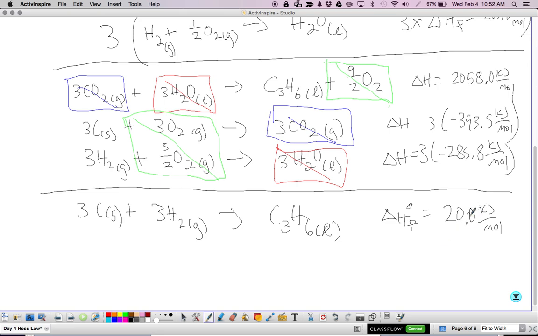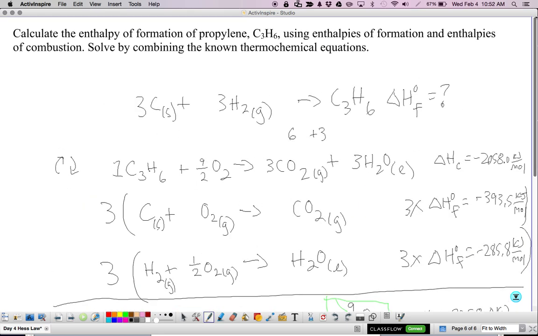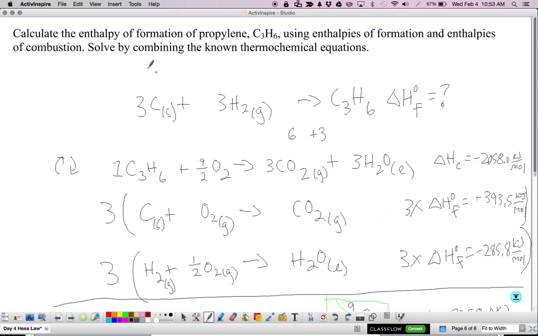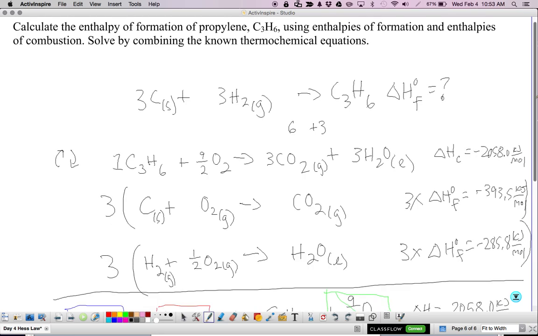This is what I'm looking for, and here's my answer. So this is a lot of work to get to an answer like this, and this is going to be kind of the hardest type of problem that you have from this bit on the test.